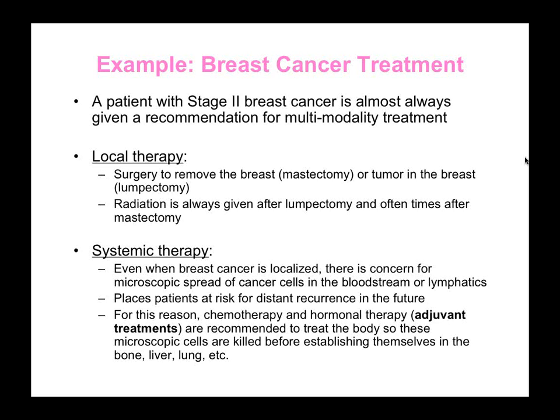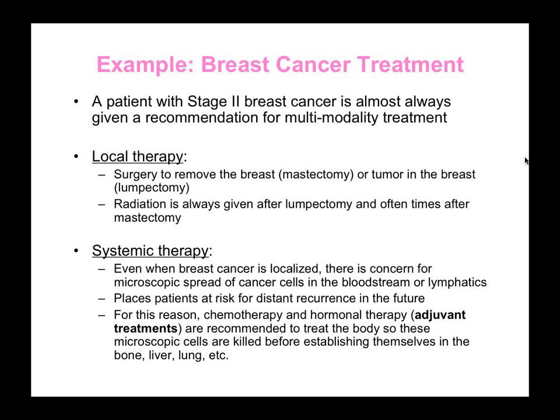So even when the cancer is localized, there's concern that there may be microscopic spread of cancer cells in the bloodstream or the lymphatics, and this places the patient at increased risk for the future in terms of recurrence. And this is the reason why even when the tumor has been completely removed, often women with breast cancer are given recommendations for adjuvant therapy.